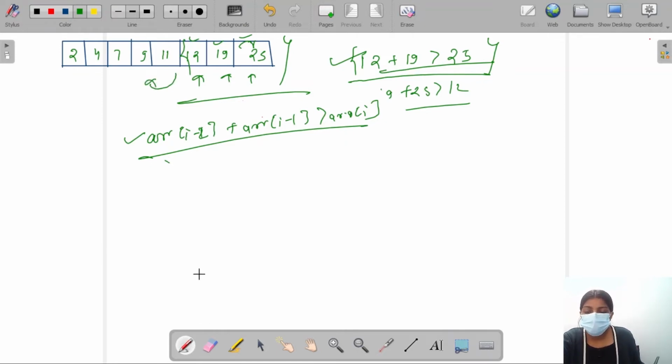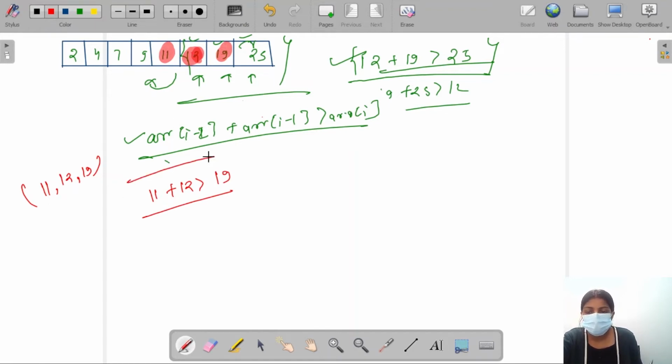Even if I check any combination, let's say I take these three sides, that is my 11, 12, and 19. 11 plus 12 is greater than 19. Okay, these are forming a triangle.